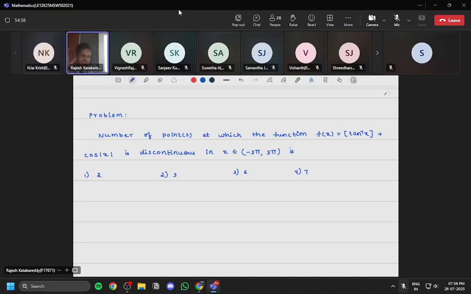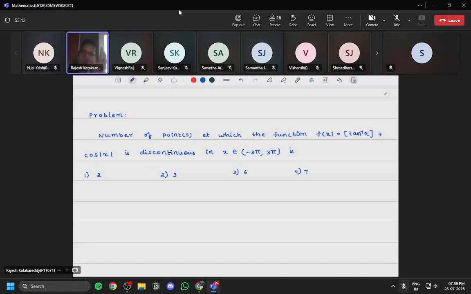If function f of x is discontinuous but g of x is continuous, their sum must be discontinuous. Anything else? 3 integers are there, so 3 discontinuous points. If we want to find them, you equate tan inverse x equals minus 1, so x will be minus tan 1.